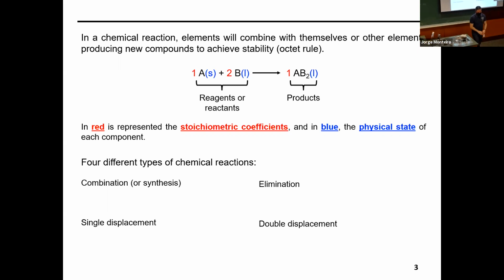Therefore, combination reactions start with 2 or more reactants and form one product. At this point it doesn't matter why they do that. You need to be able to identify this kind of reaction.